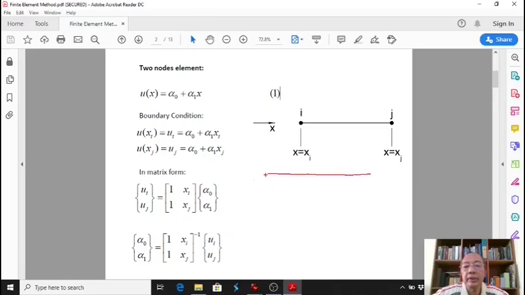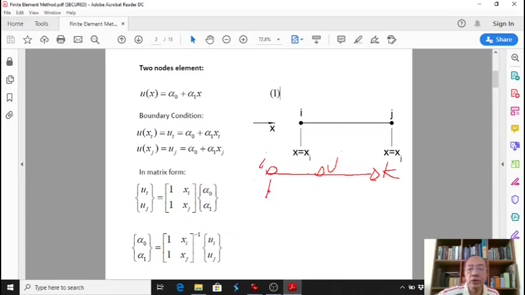If we have three nodes, this is node i, this is node j, and this is node k. First, we need to approximate the displacement.